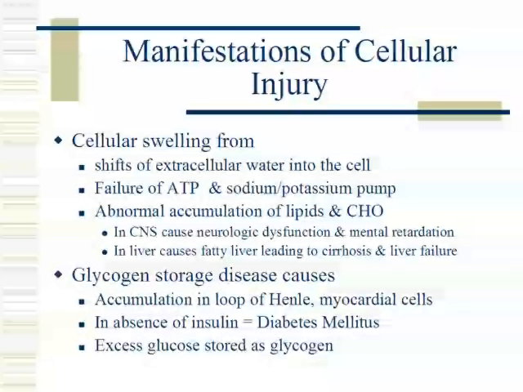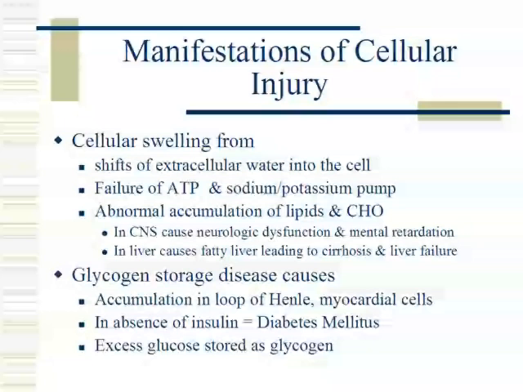Now, if somebody ingests too much sodium, sodium will remain in the cell, pulling water with it. Now, that can be reversed. Liver failure due to alcoholism can also be reversed if the abuse stops early enough. If not, it will cause fibrosis in the liver that cannot be reversed.